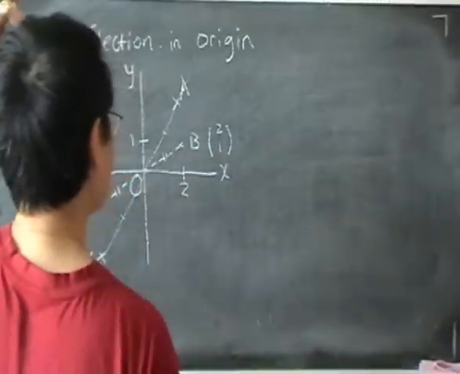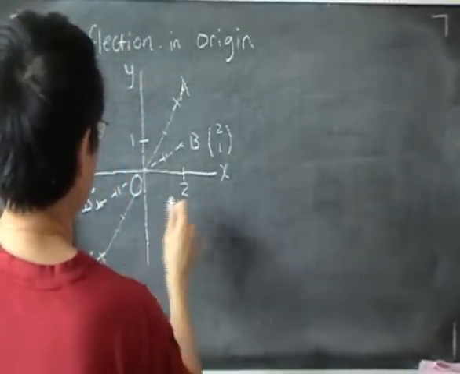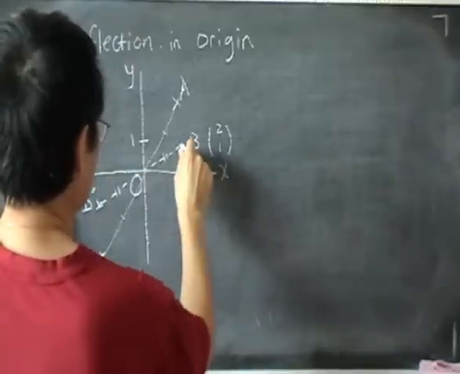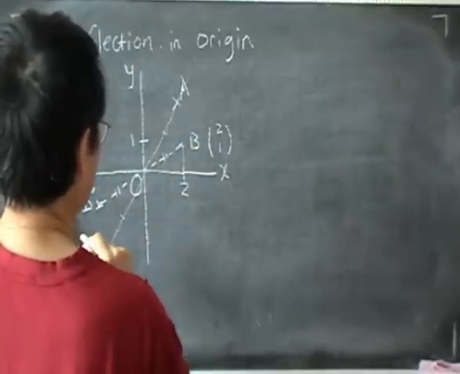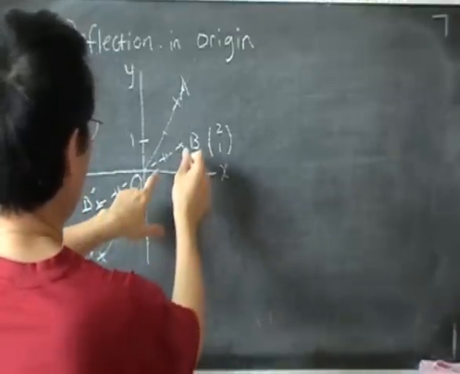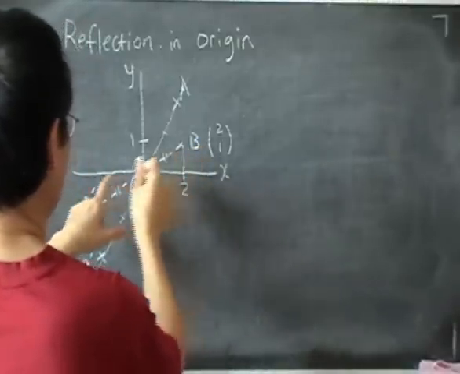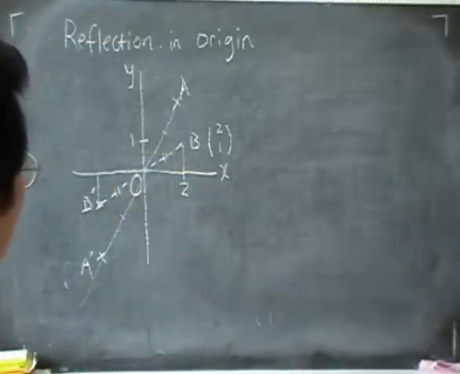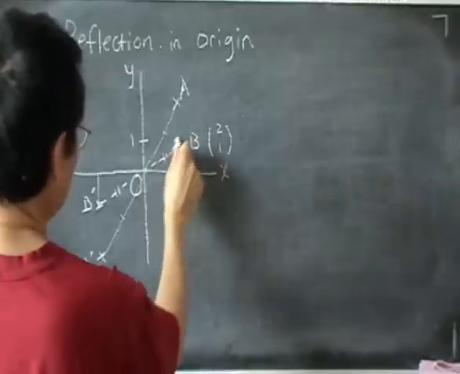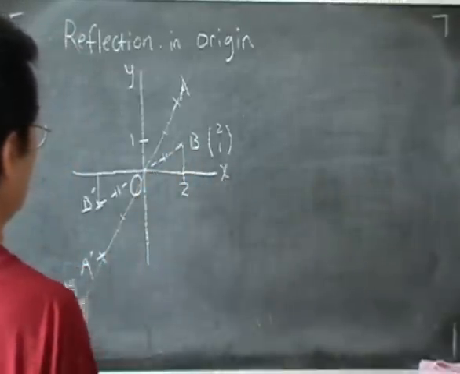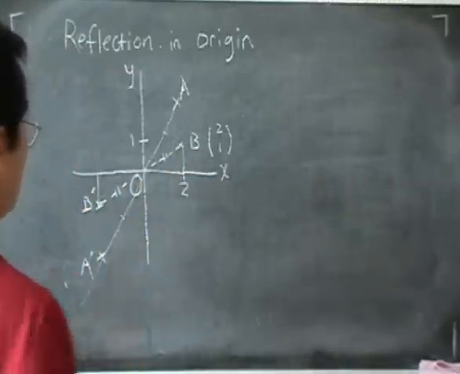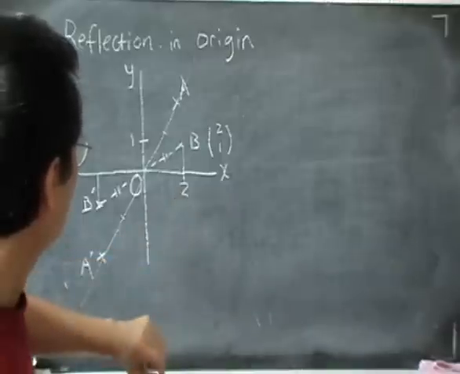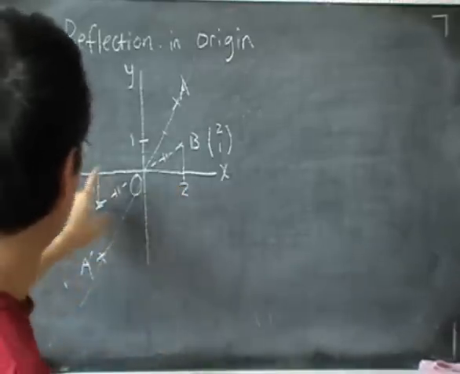If you imagine drawing a triangle like that, then when I reflect this in the origin, this triangle becomes that. So the whole thing becomes inverted. B goes to B prime and 2 goes to minus 2.